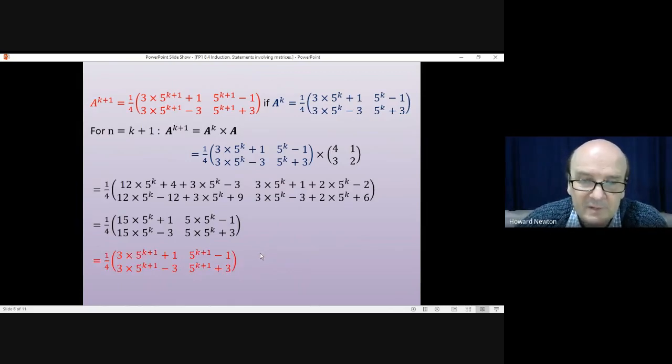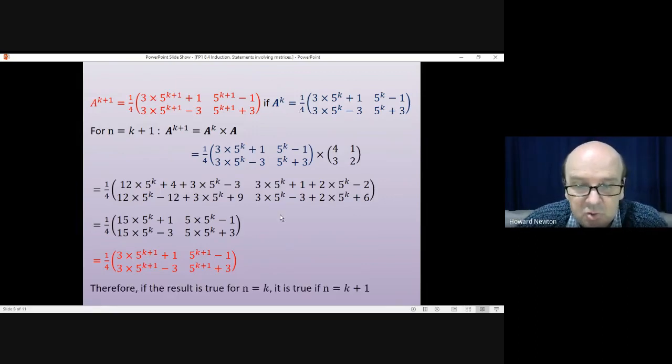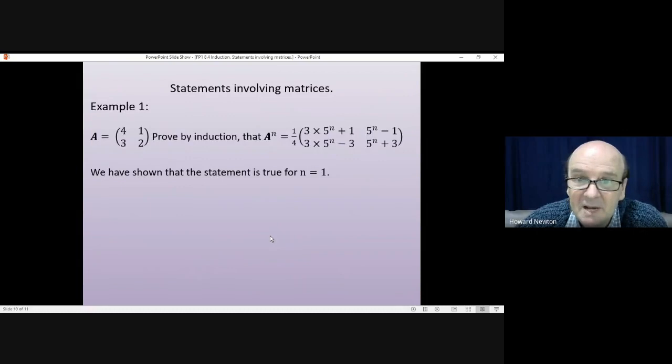Now the reason why we've done that is because once we've done that, we have exactly what we were trying to prove. So we've shown that as long as A to the k is true, so as long as n equals k is true, then the statement is true if n equals k plus 1, which is what you have to do in induction. The final thing is just writing down that we've done it.